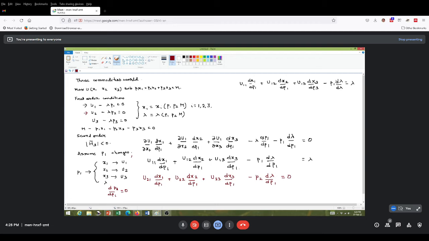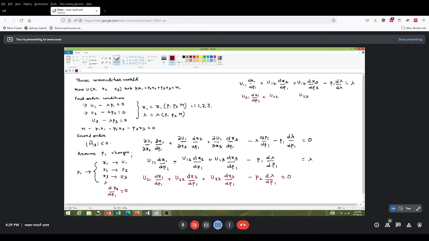It's basically a rewriting of this. On the right hand side we have the lambda, because lambda into dp1 by dp1, this term is becoming 0. So let me write this now. This will be u21, u22, u23, but the differentials are the same.